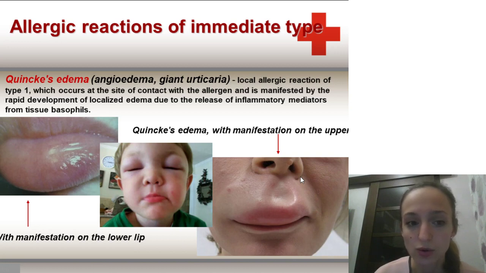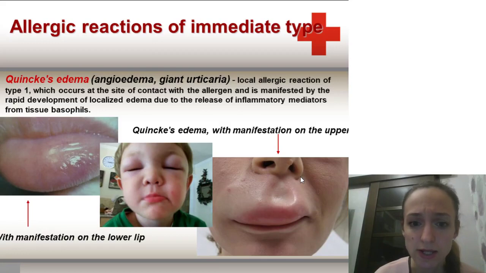I think you know about Quincke's edema. Yes, it is very necessary information because all of you unfortunately can see this Quincke edema or hear about it from your colleagues.